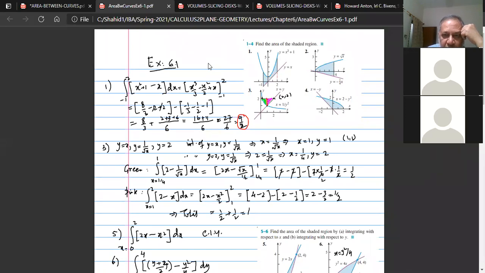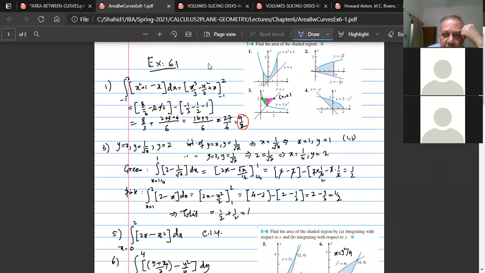So you have to, of course, equate x square plus 1 is equal to x, and obtain the values of x that satisfy this. So they are minus 1 and 2.